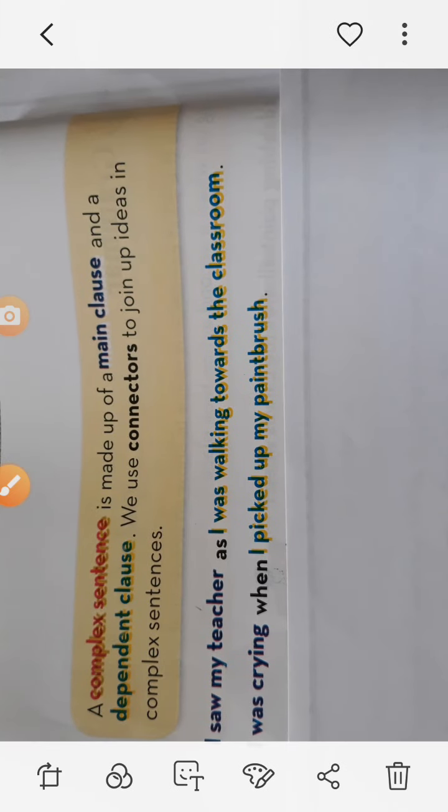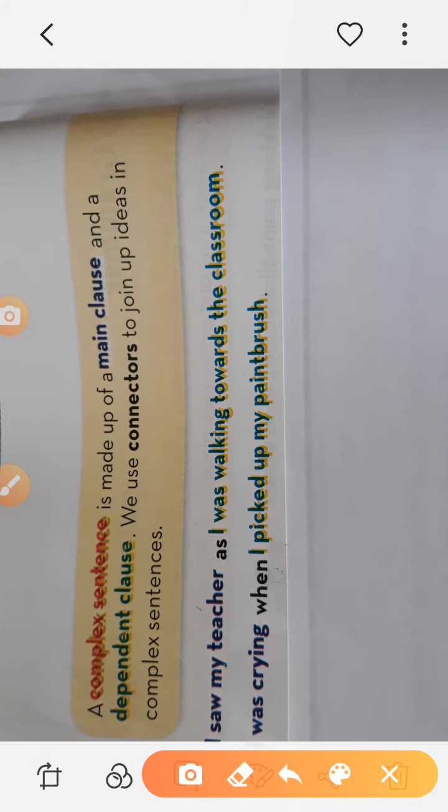For example, we have some examples here. The first one: I saw my teacher as I was walking towards the classroom. Look at this part of the sentence, "as I was walking towards the classroom." It has got its subject I and walking. But it's an incomplete sentence.